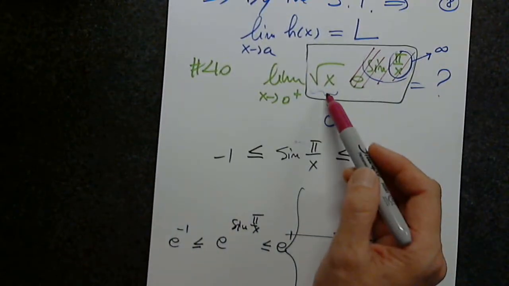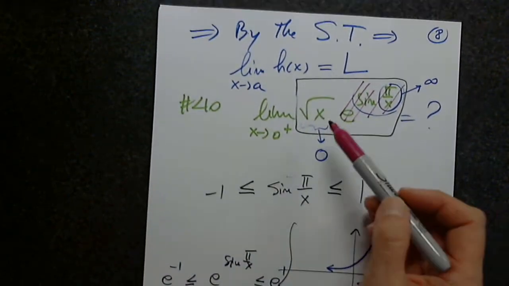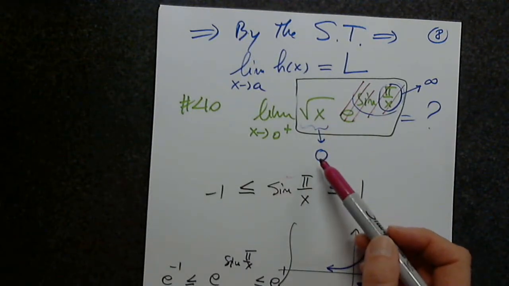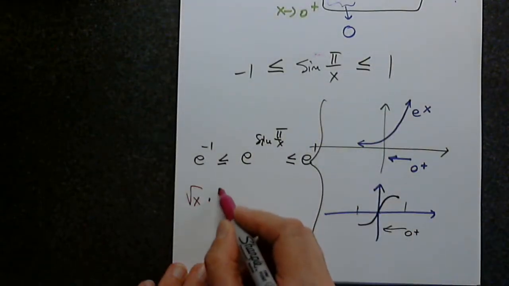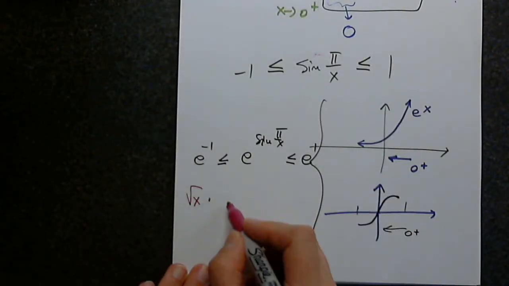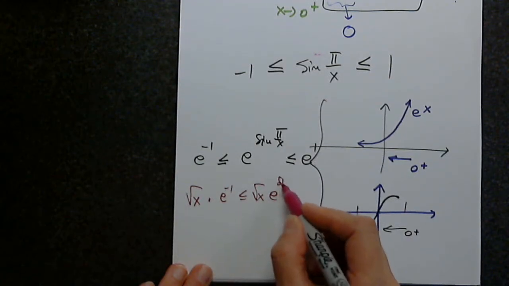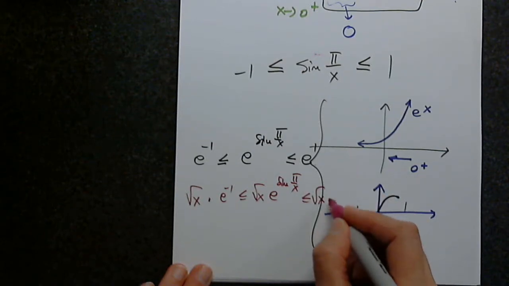But if the square root of x is negative, then I have to switch the symbols. Is the square root of x positive? Is the square root of x 0? No. So then I will write the square root of x times e to negative 1 less than or equal to the square root of x times e to sine pi over x less than or equal to the square root of x times e.